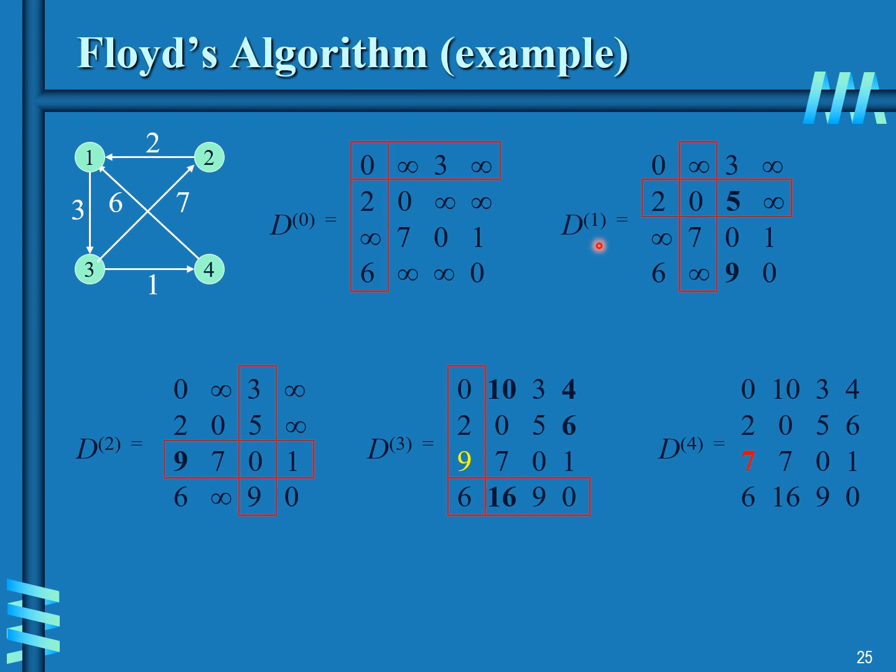Next you have to construct the next distance matrix, that is D of 1, which indicates that you can use a maximum of 1 intermediate vertex to find the shortest path for every pair of vertices, that is 1 to 2, 1 to 3, 1 to 4, 2 to 1, 2 to 3, 2 to 4, likewise. One tip is the boxed row and column.